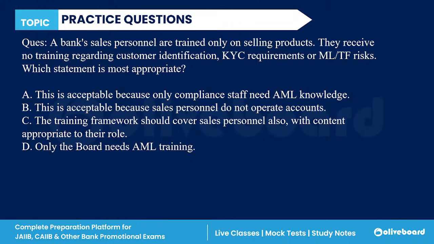This is acceptable because only the compliance staff need AML knowledge. This is acceptable because sales personnel don't operate accounts. The training framework should cover sales personnel also with content appropriate to their role. Only the board needs AML training. Everyone, now tell me the correct answer.